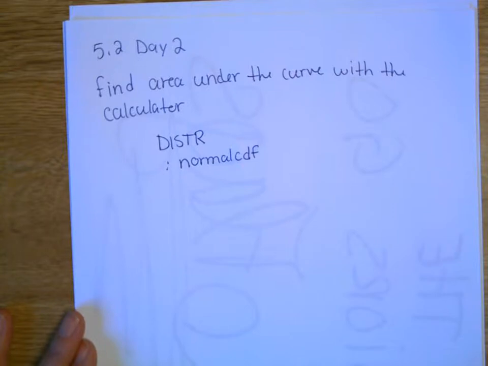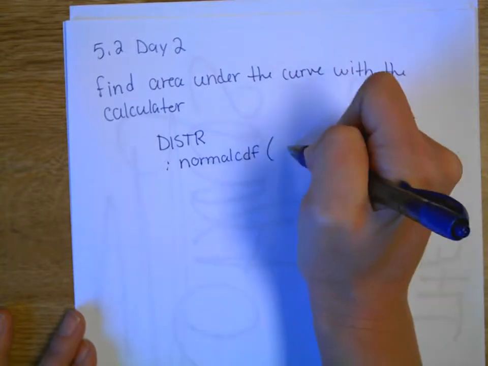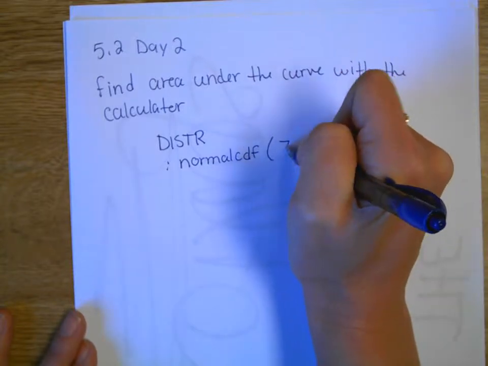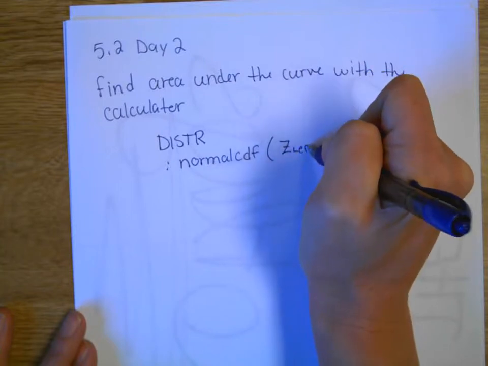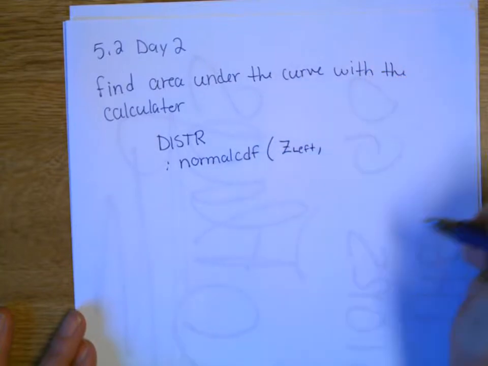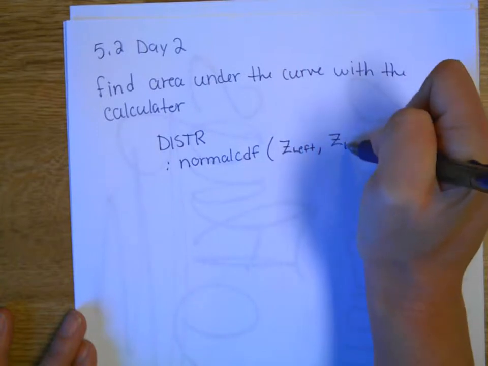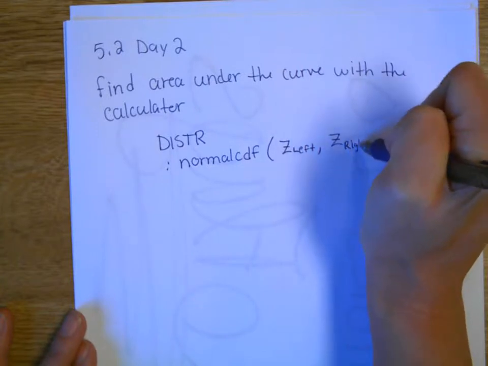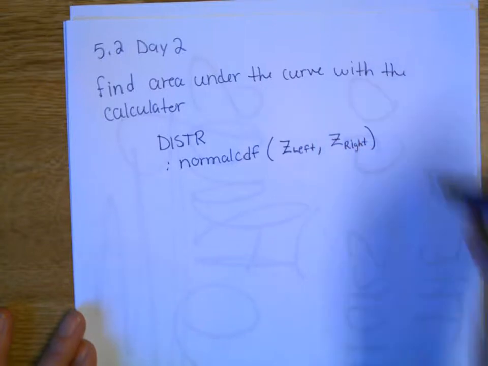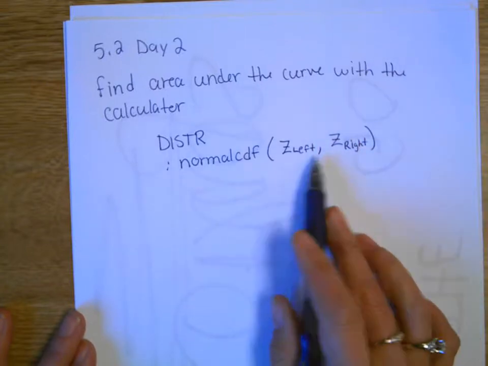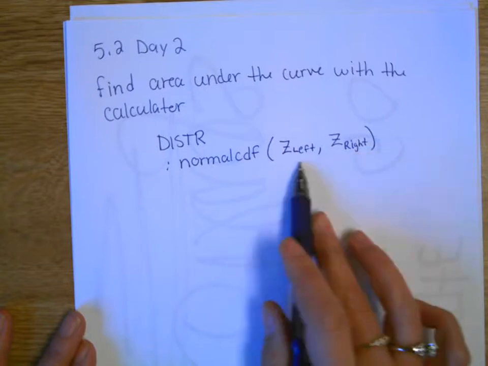What you are going to feed it is the left z-score of your shaded region, and then a comma, and then the right z-score of your shaded region. If you give it the edges of your shaded region, it will give you the area in between.